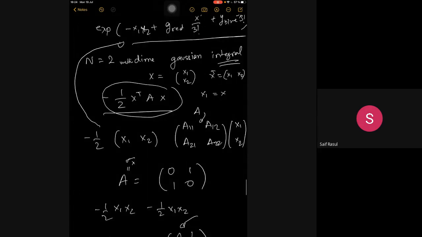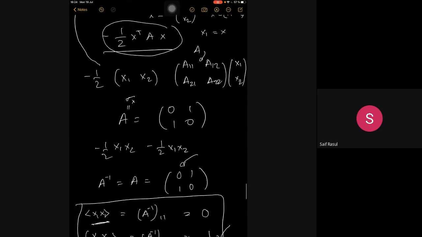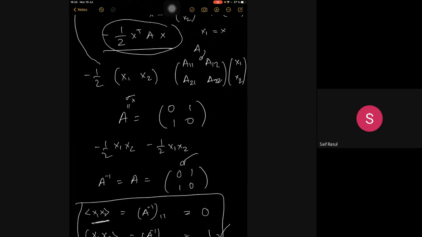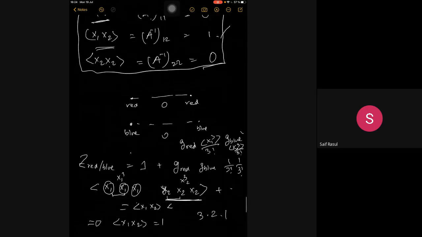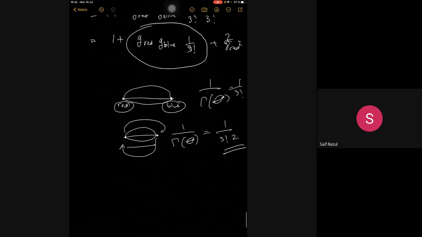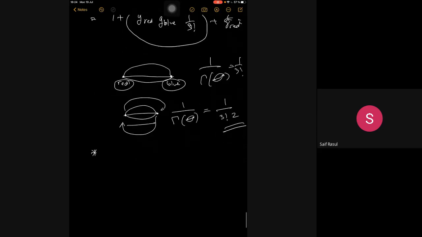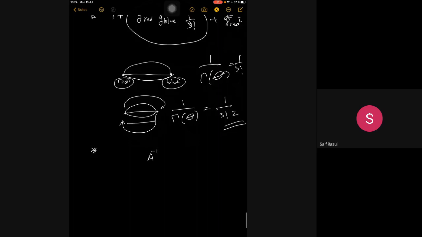So one way of solving this is, if you know the A inverse, that is, if you know how these connect. For example, before we even started, I told you that red can connect to blue. That is, if you think about our A inverse matrix, let's say the 1,1 component should be 0, because we knew beforehand red cannot connect to red, and 2,2 should be 0.